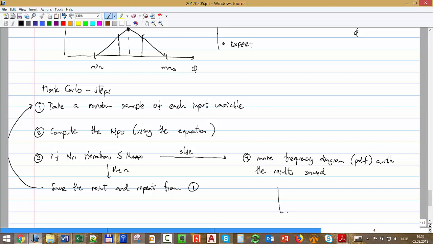And at the end, at least for this example, you will see something like that, where you have the NPU, and here you have the probability of each NPU. So these are the 4 steps you have to make, and the limitation of the Monte Carlo method is how long those steps take.